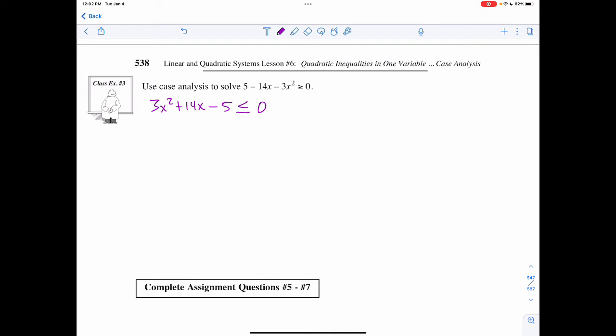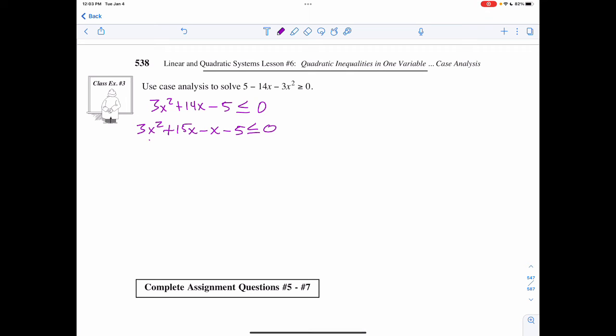I'm just going to factor it down using decomposition, and I'm going to say that if I have 3x squared, to get that 14x, it's going to be the same as 15x minus 1x and minus 5 is less than or equal to 0. It's the two numbers that multiply to -15 but add up to +14.